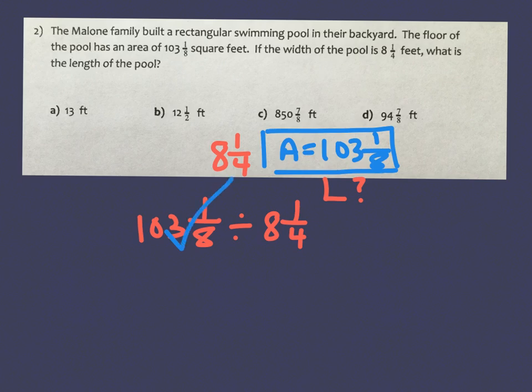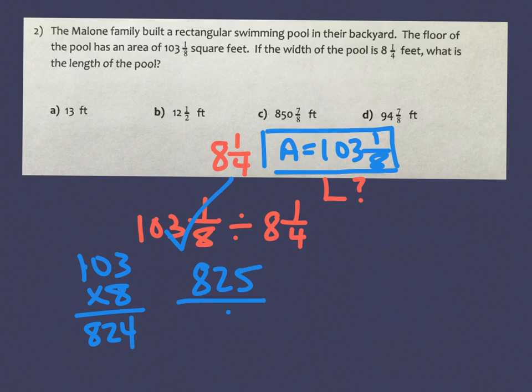Check, multiply, add. So 103 times 8 is 824. Add the 1. So we get 825 over 8, divided by the checkma method, multiply, add. 8 times 4 is 32, plus 1 is 33 over 4.